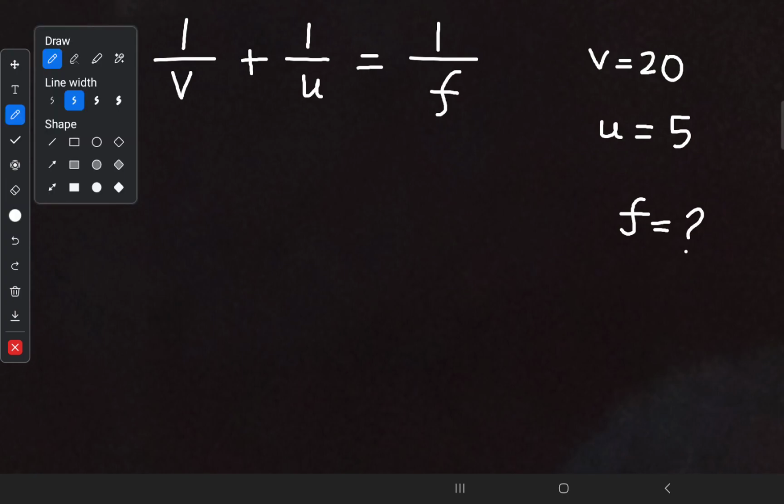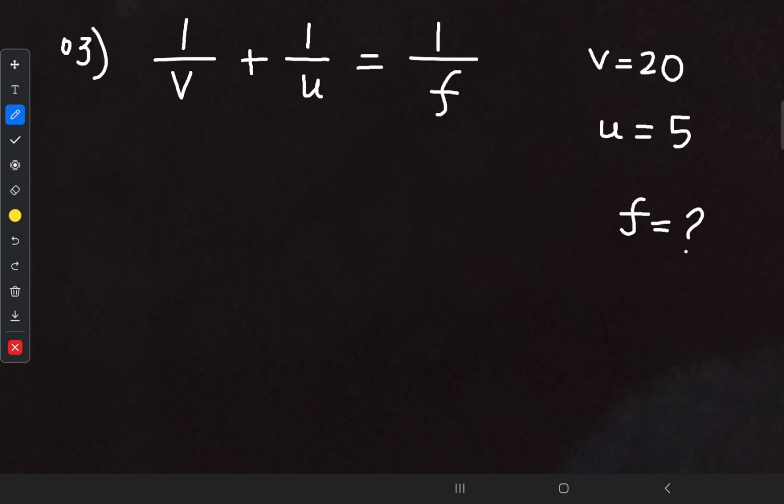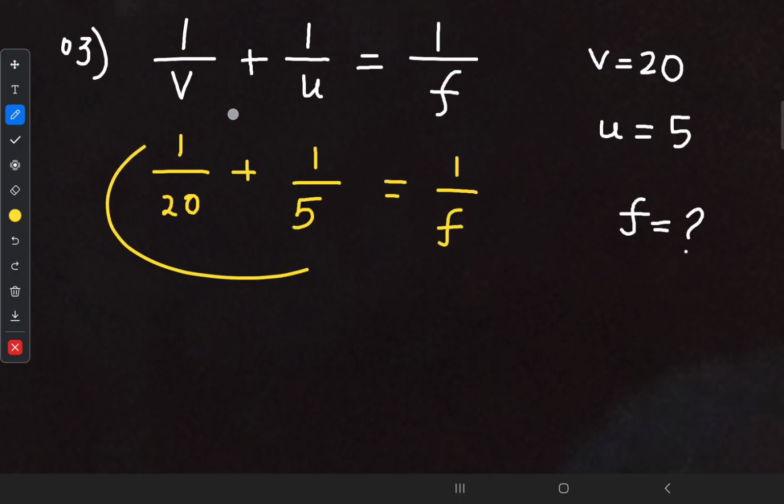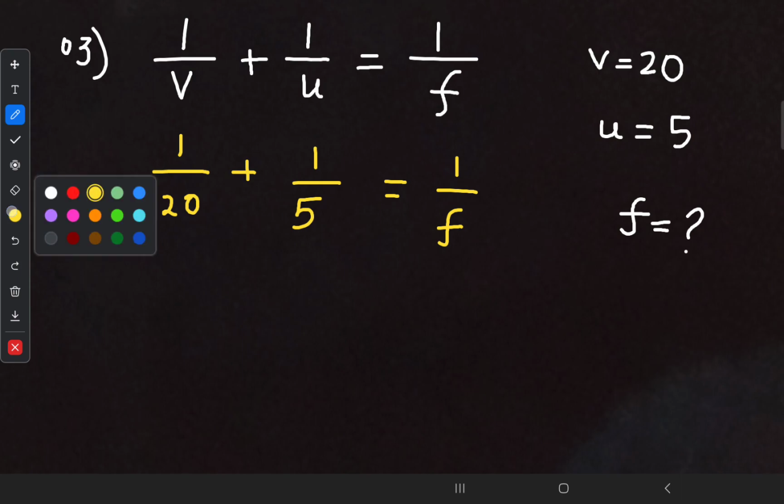1 upon v. All the values are in reciprocal form. First of all, let's substitute the values: 1 upon 20 plus 1 upon 5, which equals 1 upon f. We cannot add these two directly, because the denominators are different, and the denominator of the second is not 20. So you should multiply both numerator and denominator by 4.